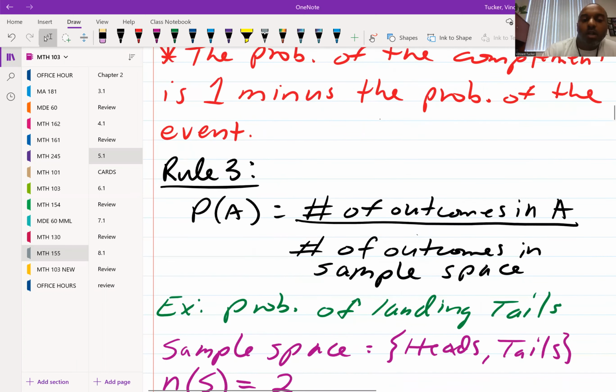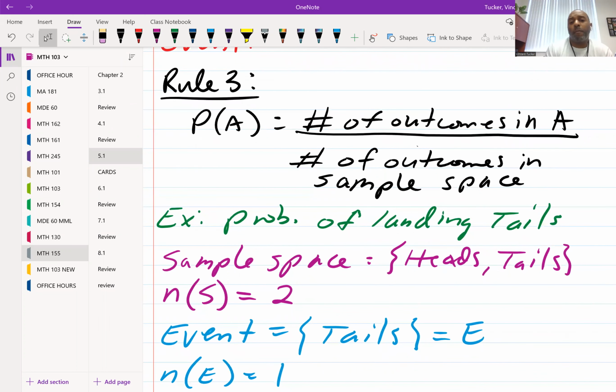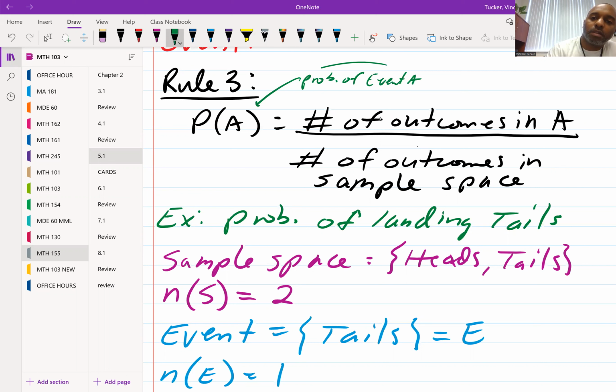All right. So let's look at this first example. We're still talking about the probability of landing tails. So our sample space is heads and tails. There are no other options there. So just like P of A is the probability of event A, N of S, that's in parentheses S, is the number of outcomes in the sample space.